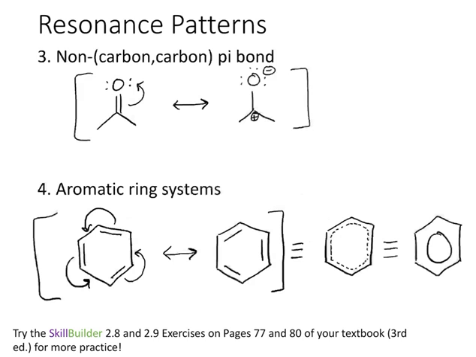Number three, a double bond between two atoms that are not carbon, or maybe one is carbon and the other one is electronegative. And then number four, an aromatic ring system, like benzene. And again, we'll talk more about aromatic systems later.